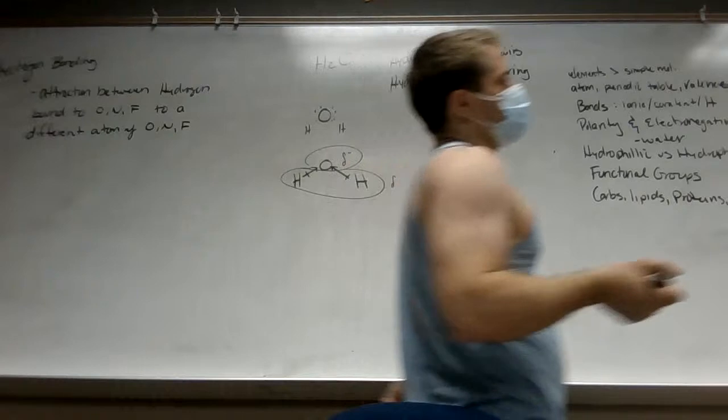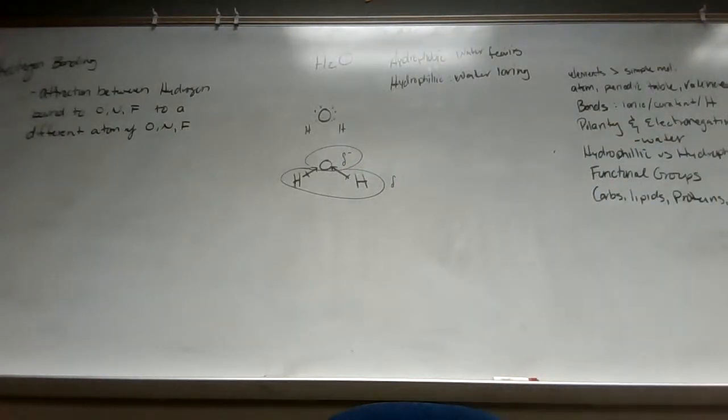So we say oxygen, nitrogen, and chlorine because as you get into this region of the periodic table, your electronegativity increases.